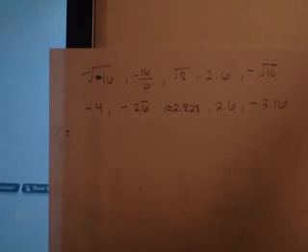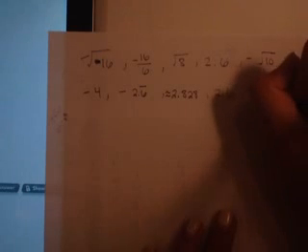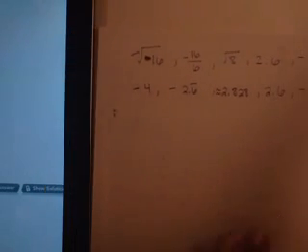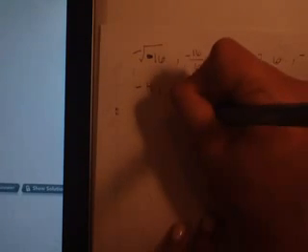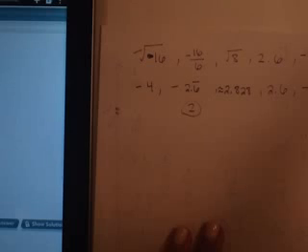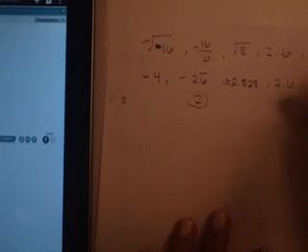Okay, now we have them all in decimal form in order to compare. Remember, the largest negative is the least number. So negative 3.16, that's our least number. Next would be negative 2.6 repeating. Oh, I messed up. I forgot the negative 4. Let's go back. Let's erase this. We can always catch our mistakes, okay?